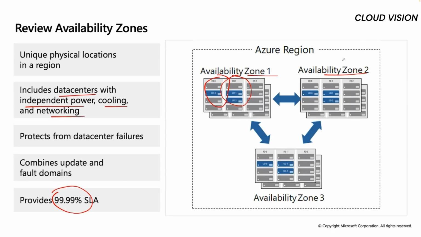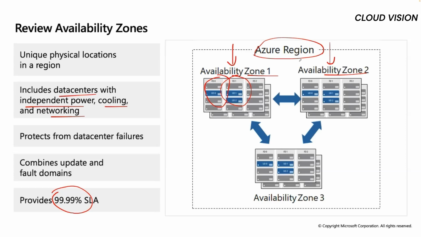So if this data center is totally failing, it will switch over to another zone, another data center availability. But this is all set up in a unique physical location, or in a region. So this is one entire region, remember.